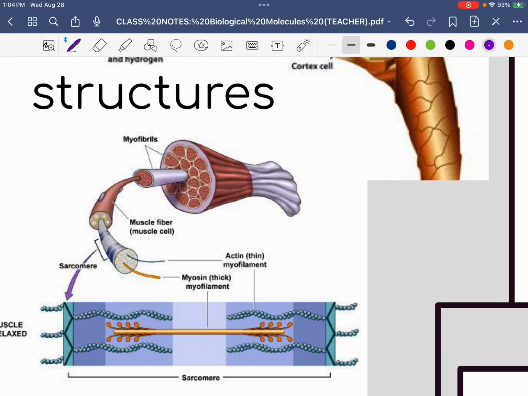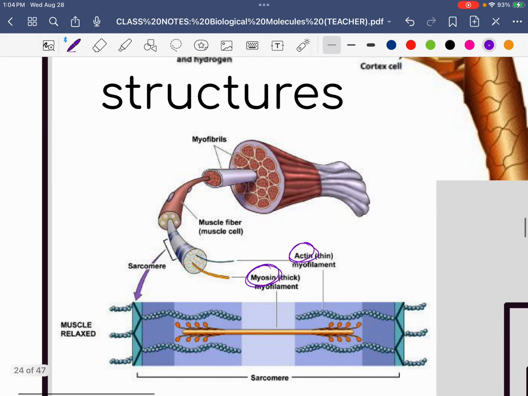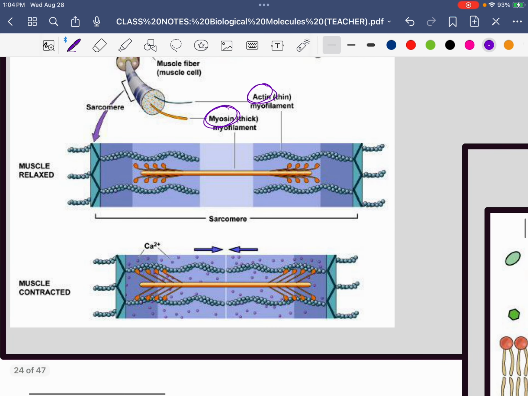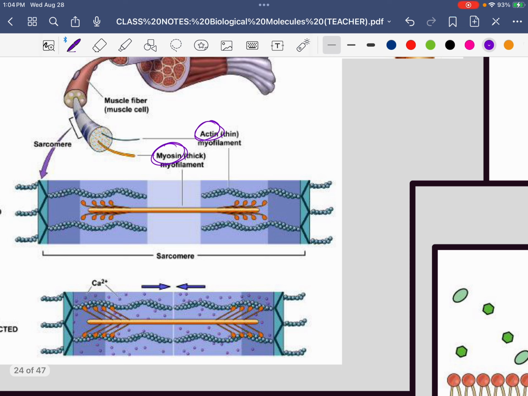Here's a muscle, and here's the muscle fibers. The two fibers that muscles use are called actin and myosin. And so here we've got actin and myosin working together.